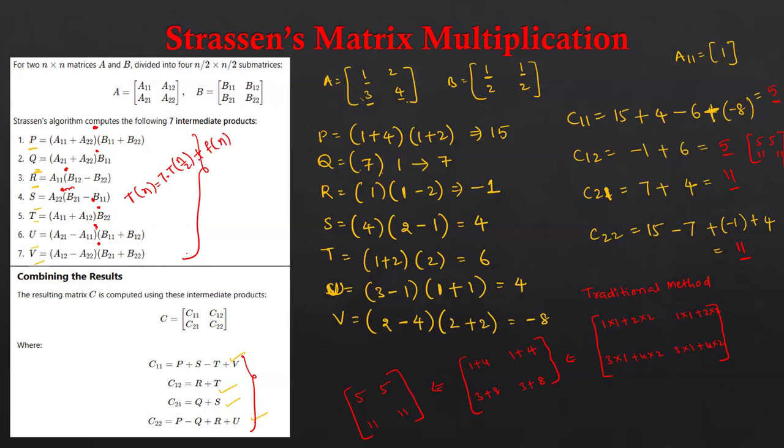So the time taken to compute an n size matrix, from Strassen's point of view, equals 7 into T of n by 2 plus f of n. This much time it consumes.